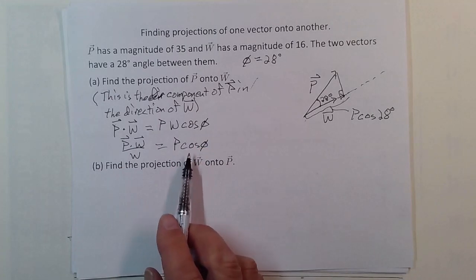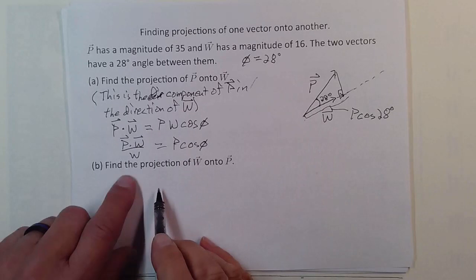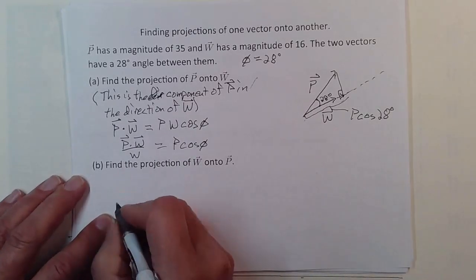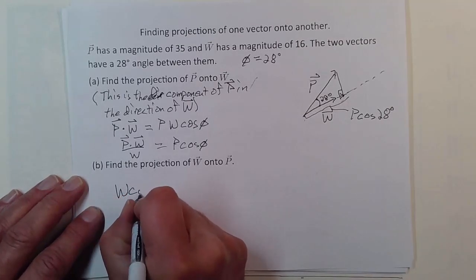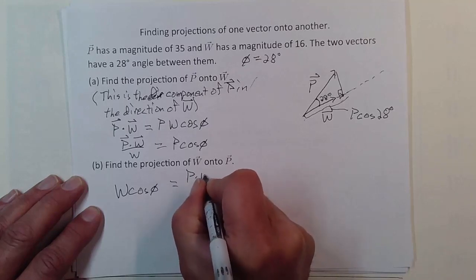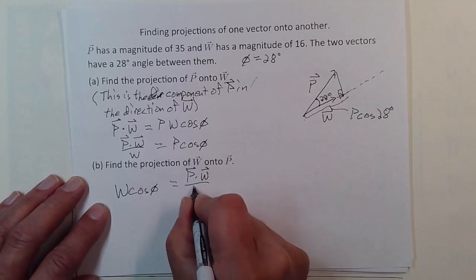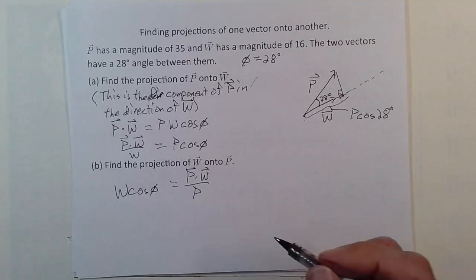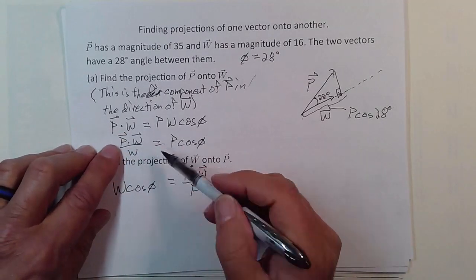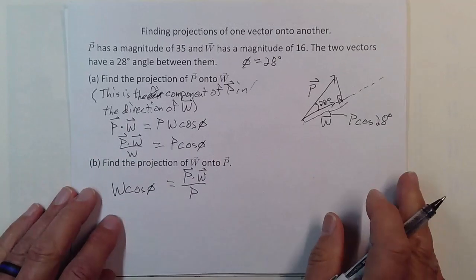That will be the projection of P onto W. The next part, I'm supposed to find the projection of W onto P. Well, that would equal W cosine of that very same angle, which is going to equal P dot W divided by the magnitude of P. Okay. So if I calculate the dot product of P dot W once, I can just divide it by those different parts and I'll have those projections.